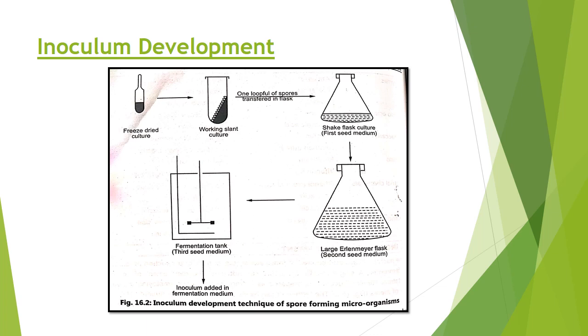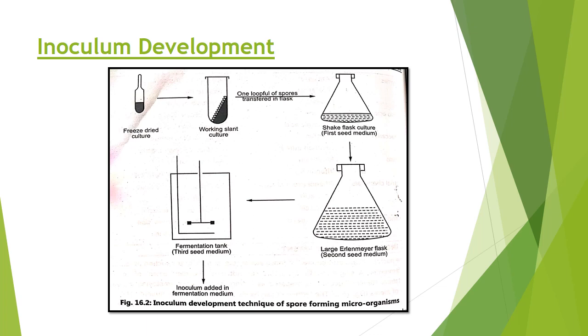With the help of a loop, we will take out the spores from the slant and transfer these spores into the culture medium, which will be the first seed medium, having a small quantity.